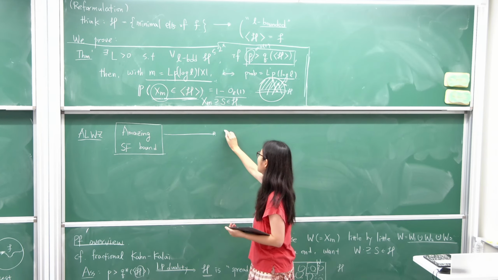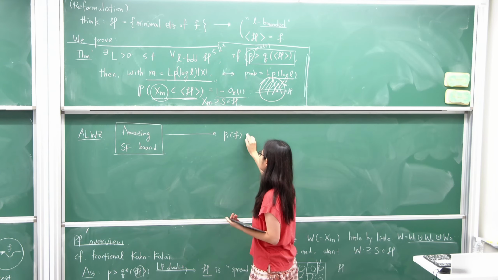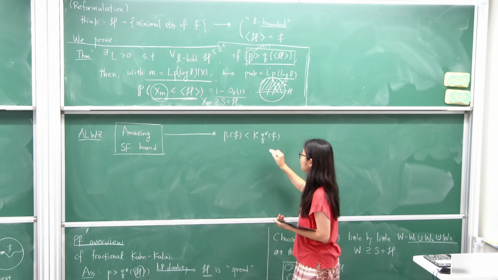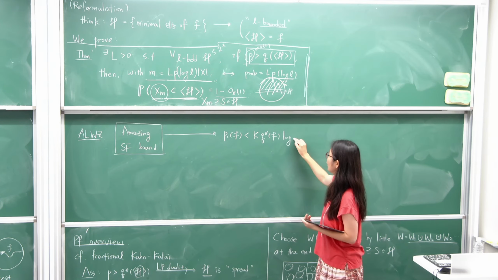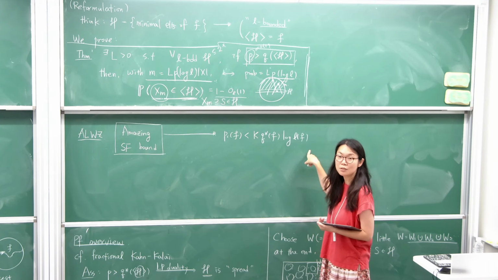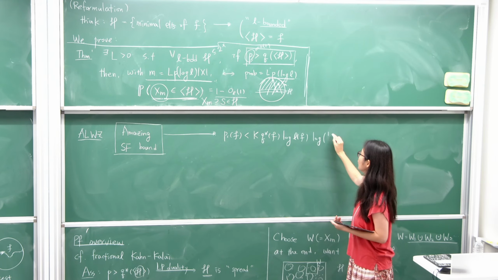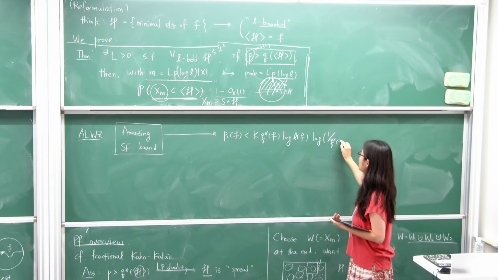So this gives us that PC of F is at most K times the fractional expectation threshold of F times log of L of F. This is the truth, but they have some extra term, log of 1 over the expectation threshold.